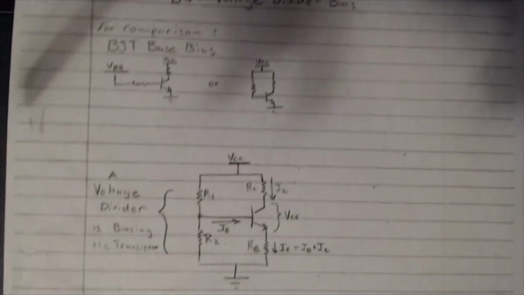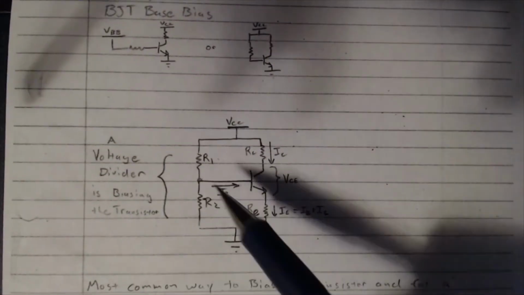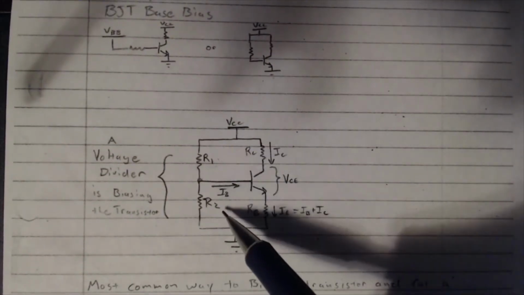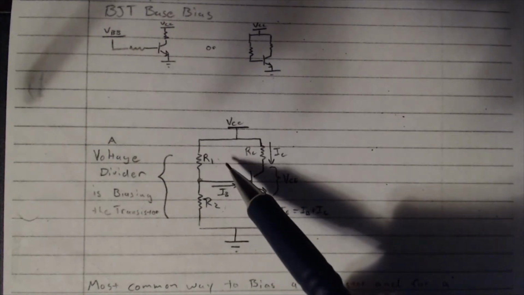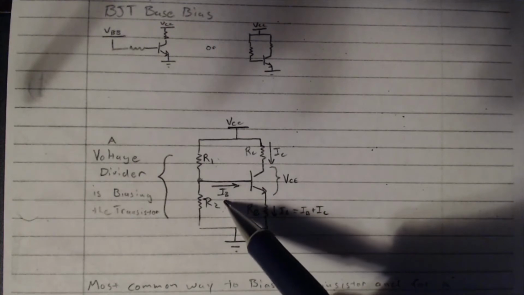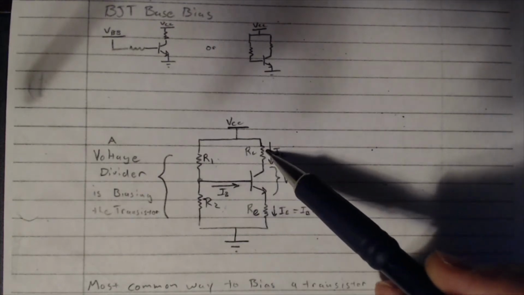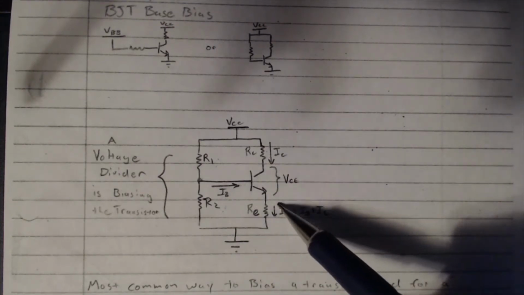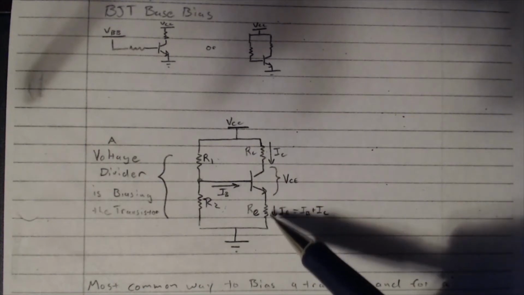Okay, so just to set our bearings, we have an R1, R2. I'm calling these R1 and R2 because for the voltage divider, we've always used R1 and R2. And we have a collector resistor since it's attached to the collector, and an emitter resistor that's attached to the emitter.